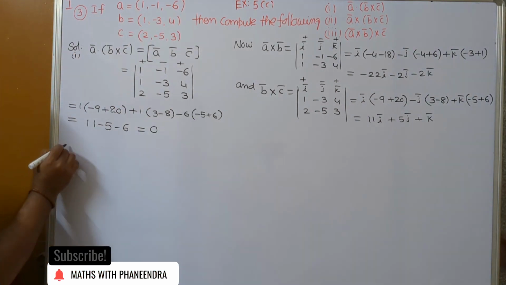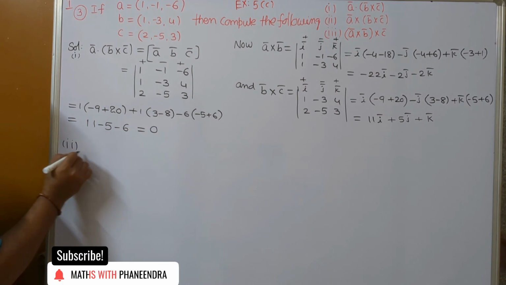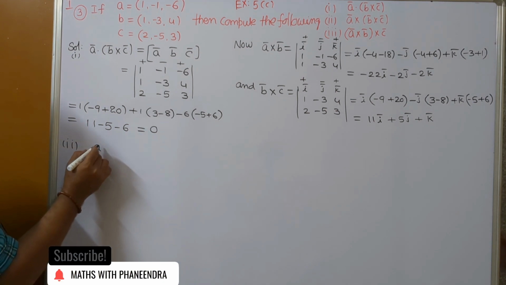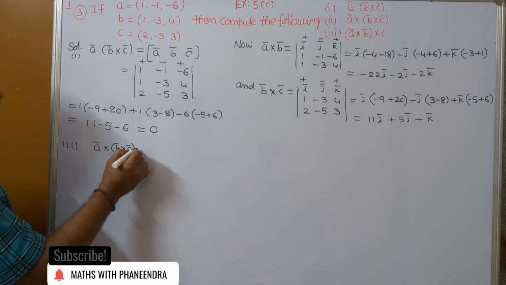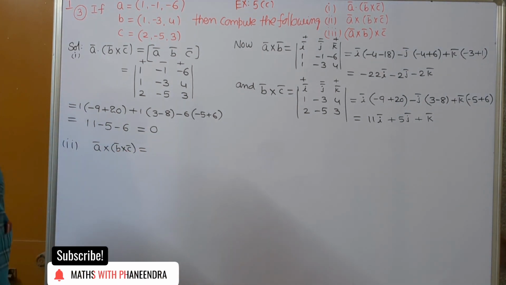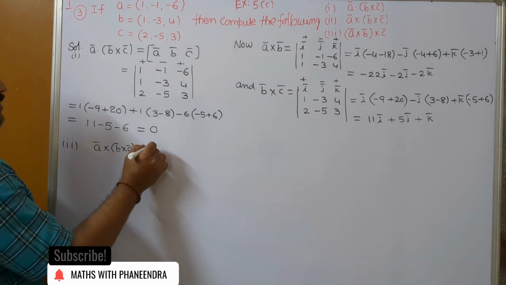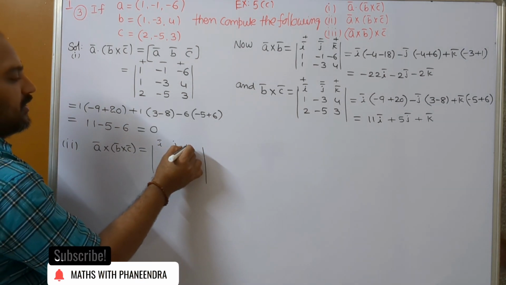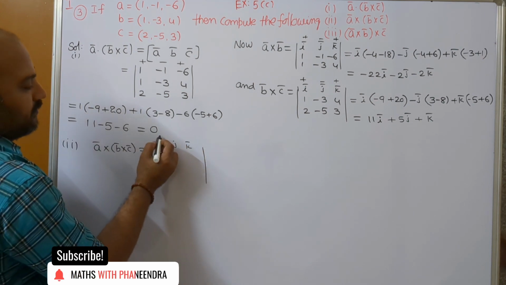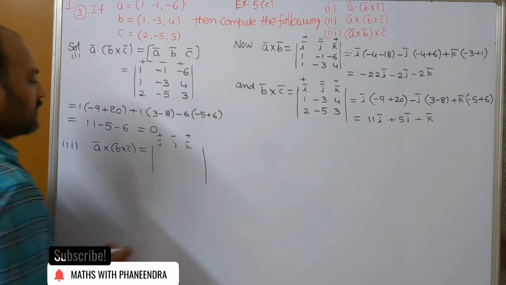Now question number 2. A bar cross, B bar cross, C bar. So again I, J, K, plus, minus, plus.